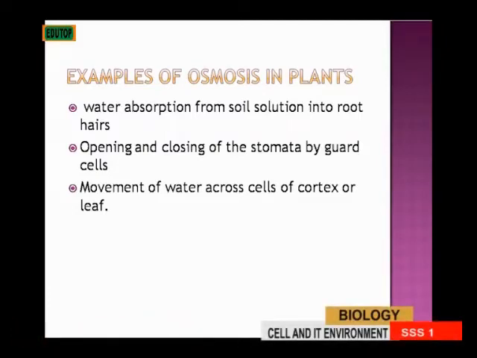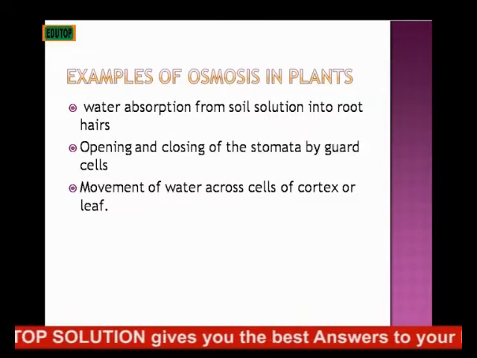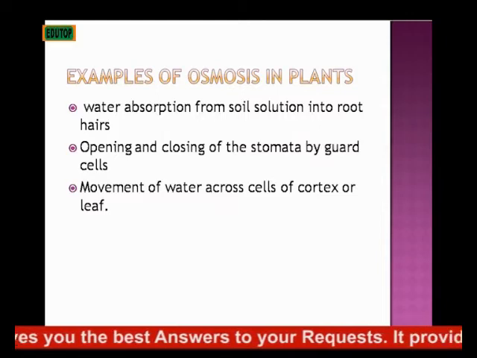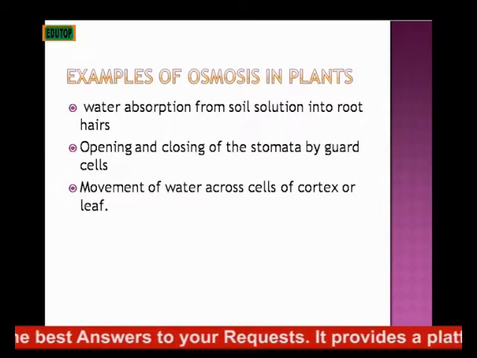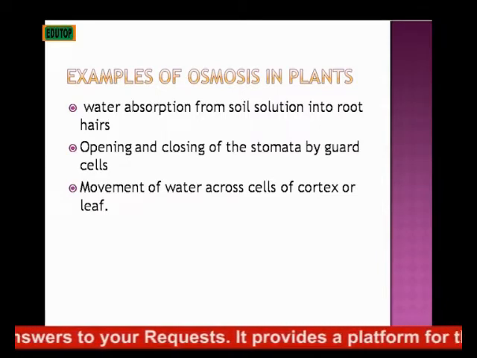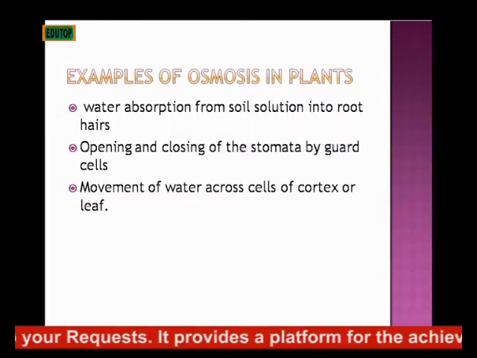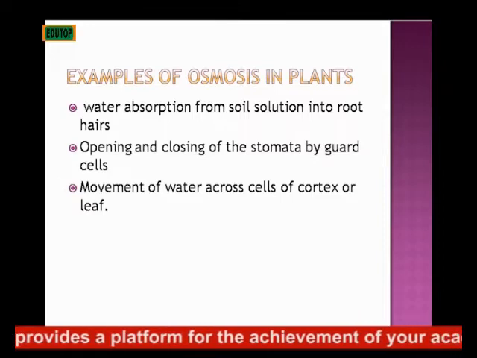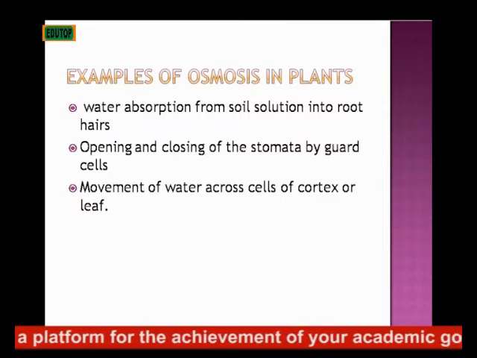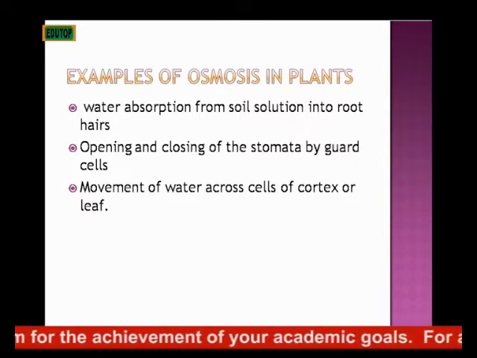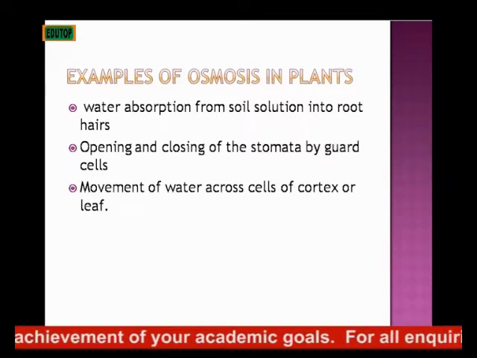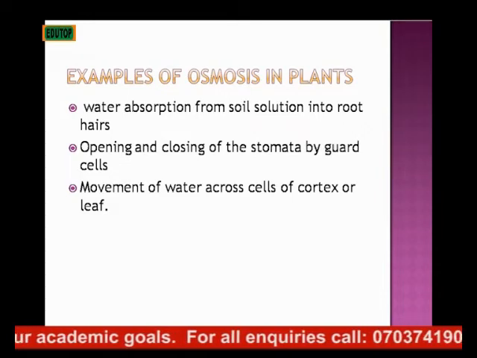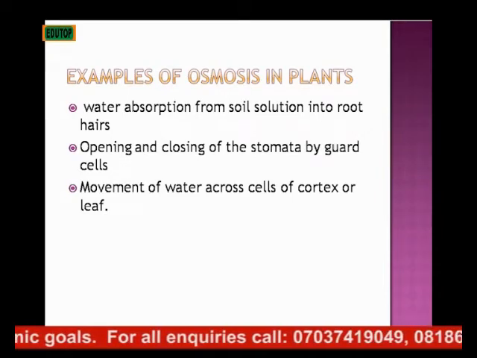You know, we established that osmosis is the movement of water from a region of higher concentration, that is where there is no concentration of the other substance, to a region where there is a concentration. So now, an example of osmosis in plants is the water absorption. When you put water in the soil, the root hair absorbs the water. So that is an example of osmosis.